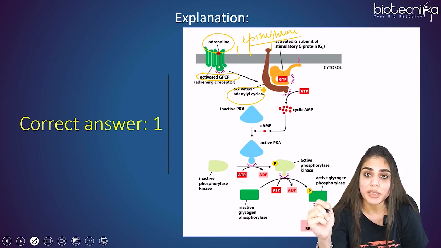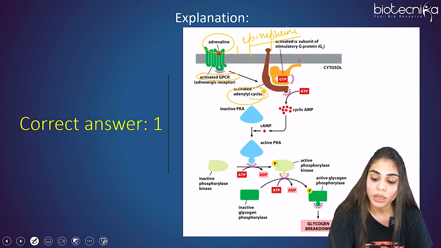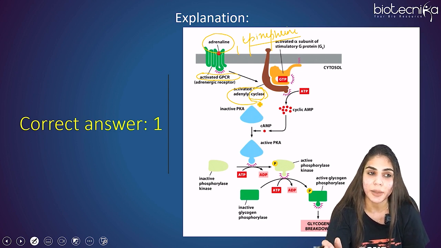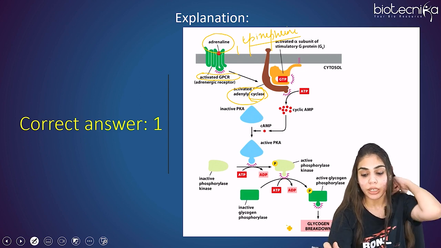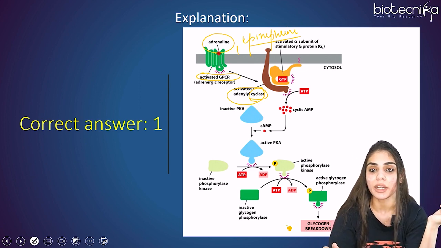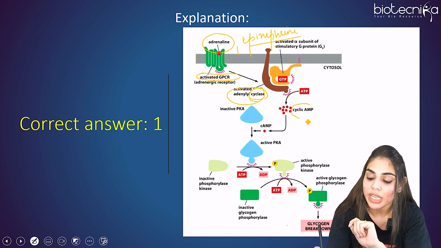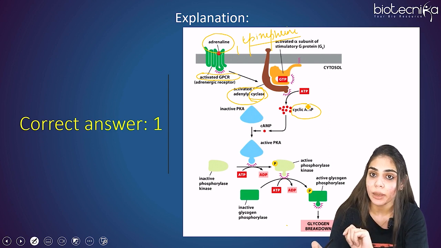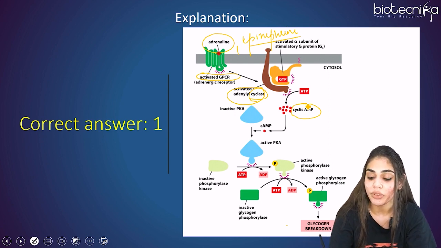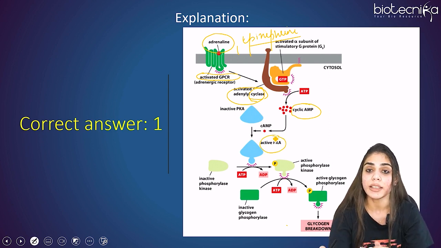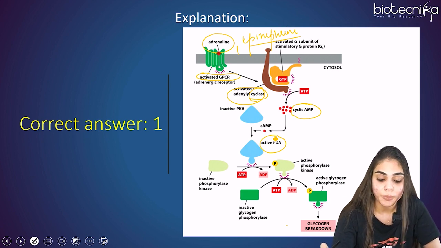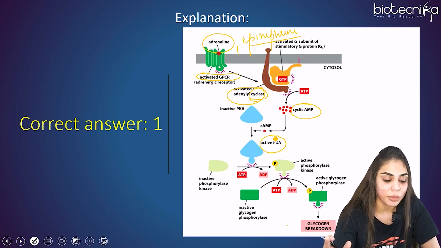Once this enzyme is activated, it acts on its substrate, ATP. The name cyclase suggests it converts ATP into the cyclic form, called cyclic AMP. Once cyclic AMP is formed, it leads to the activation of protein kinase A, and the downstream signaling events occur. Let's come back and read the statements.